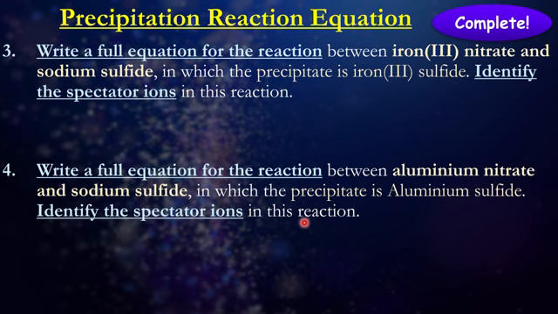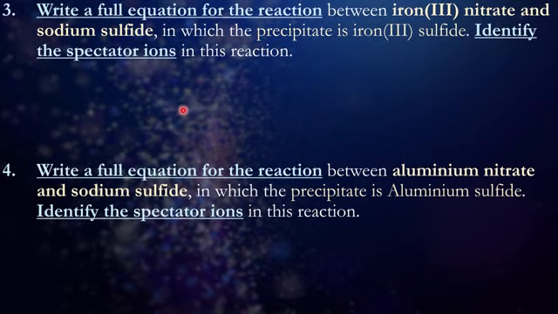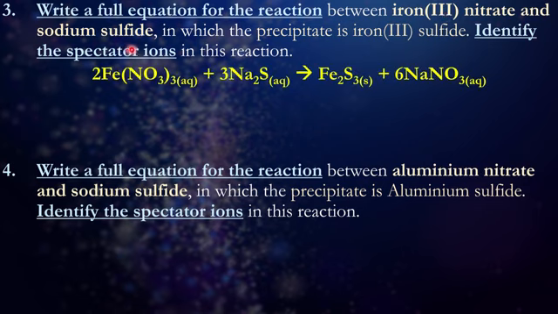Okay, let's try and make some chemical equations for the following reactions and identify our spectator ions. Okay, so I have iron 3 nitrate and sodium sulfide. So I formed this reaction here.